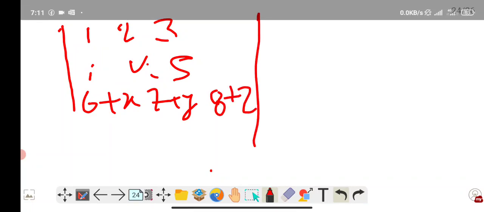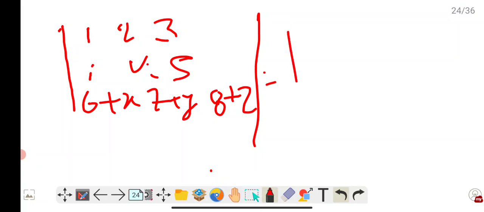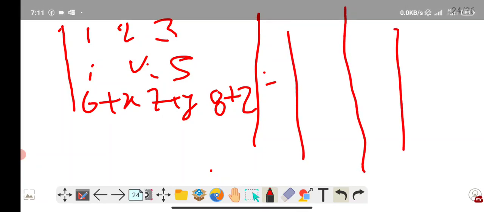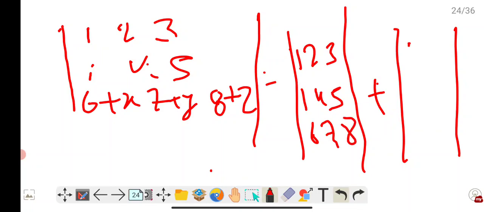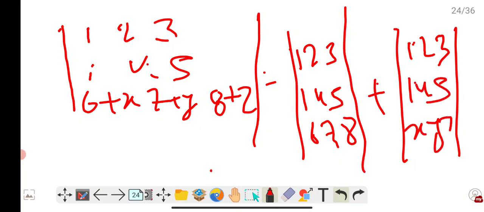Then we can write it simply as two determinants of the same order, that is 1, 2, 3, 1, 4, 5, 6, 7, 8. Here also 1, 2, 3, 1, 4, 5, x, y, z. This will be our last property.